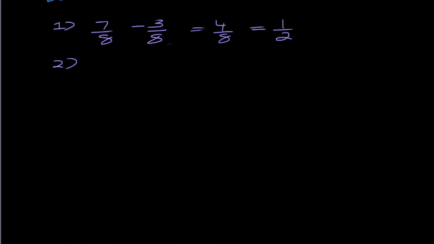Subtraction has the exact same rules as addition. So if you have 7 over 8 minus 3 over 8, if the denominators are the same, we can simply take away the numerators, right? You can make this simple, and that's just a half. Let's just do one more. So you have 6 plus 4 over 9. You want to make the denominators equal.